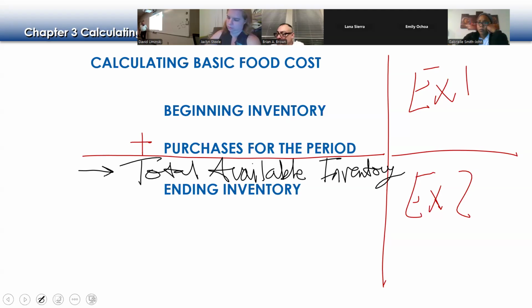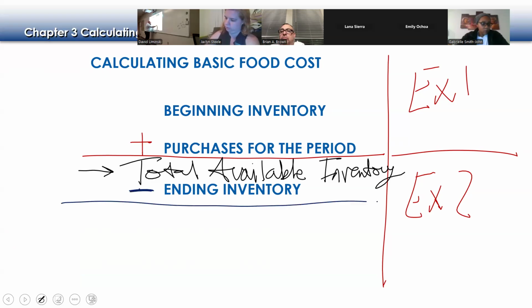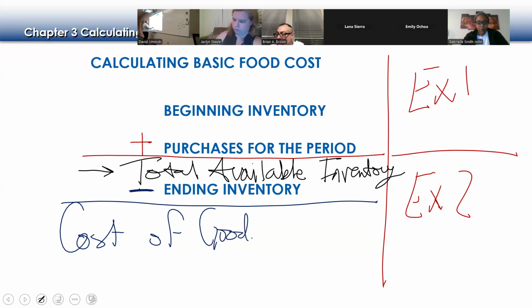Then, if our product is still in our inventory, does that mean that it's part of food cost or not? No, it's not. So we have to subtract that from our total available inventory and get our cost of goods sold.